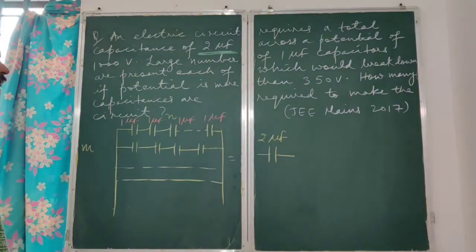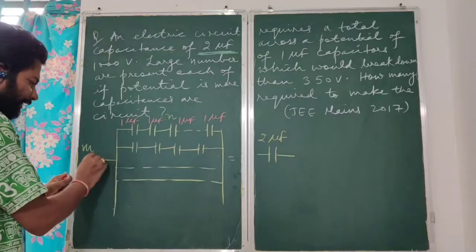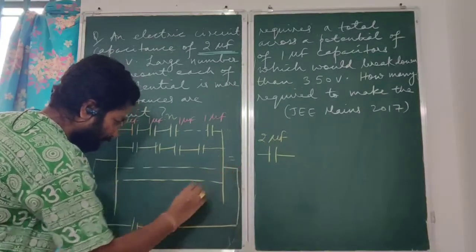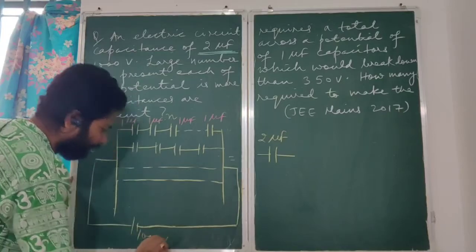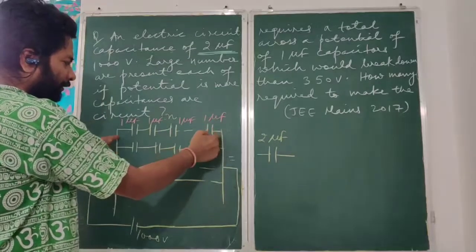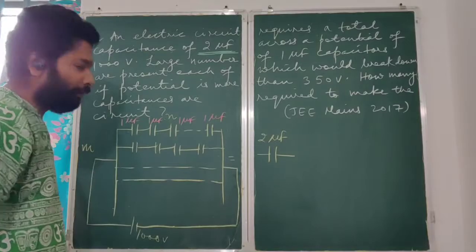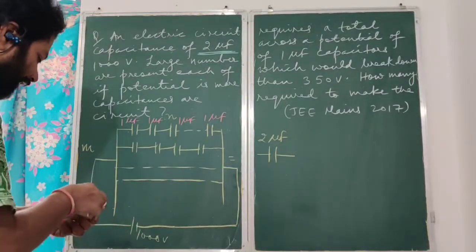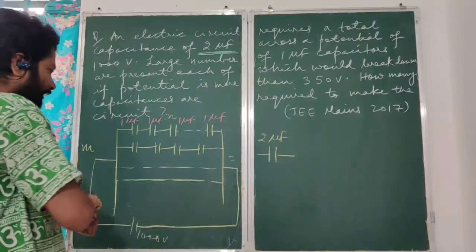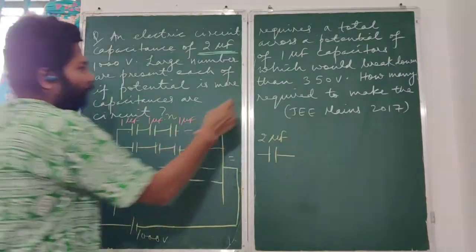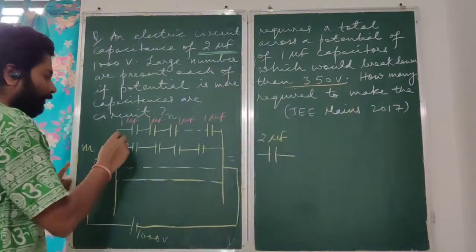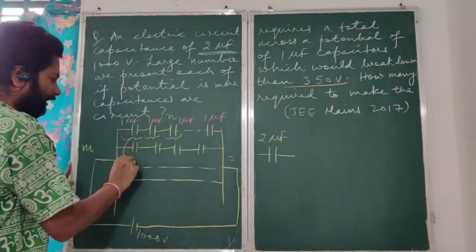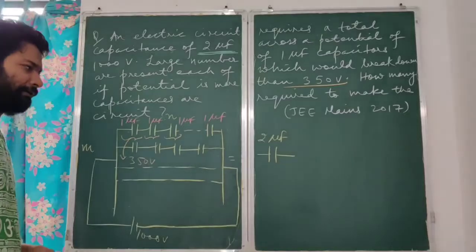Now it is given in the question that you can connect it across 1000 volt. So in parallel, across each row, how much potential difference will be created? 1000 volt. But individually each of these capacitors cannot sustain more than 350 volt. So across each of them the potential cannot exceed 350 volts.